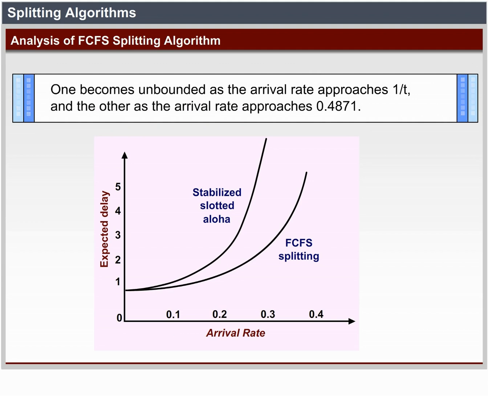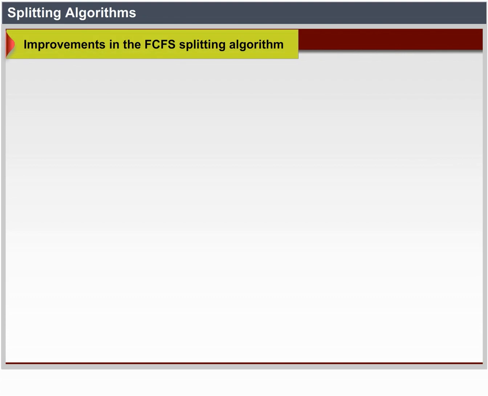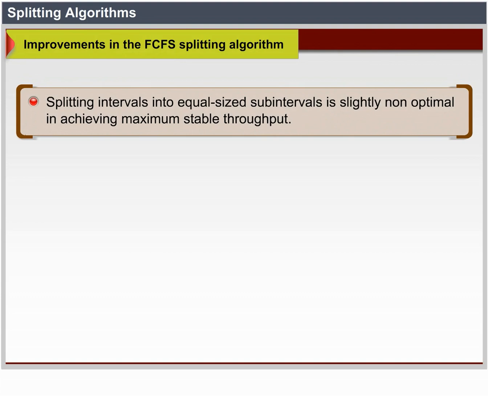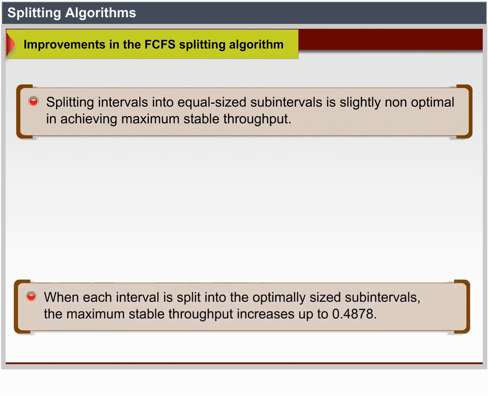Improvements in the FCFS splitting algorithm. Splitting intervals into equal-sized sub-intervals is slightly non-optimal in achieving maximum stable throughput. When each interval is split into optimally sized sub-intervals, the maximum stable throughput increases to 0.4878.